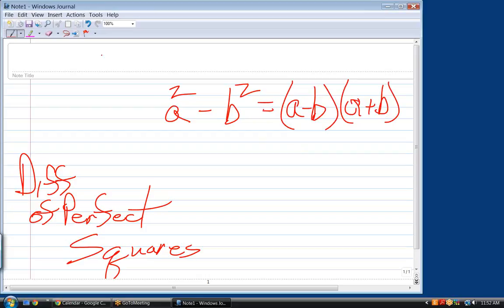Okay. For example, if I had x squared minus 4, then a squared is x squared, so x is a, right? So what would that factor into? That would factor into x squared. No, just x. Remember, this is just a.